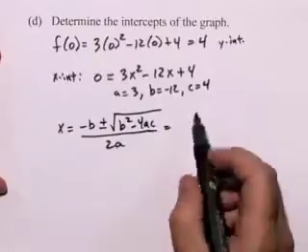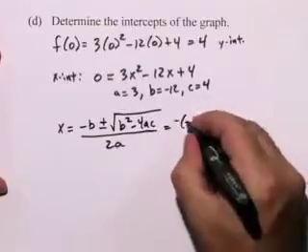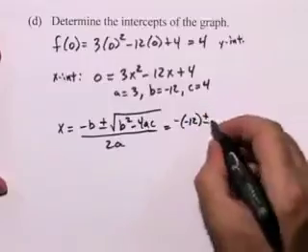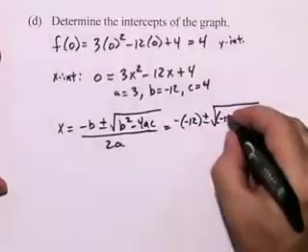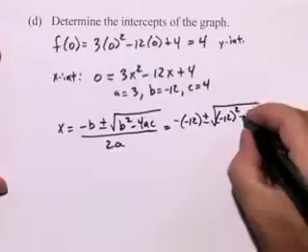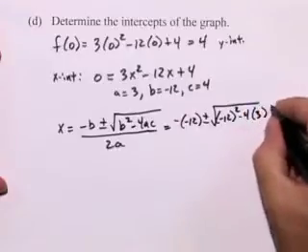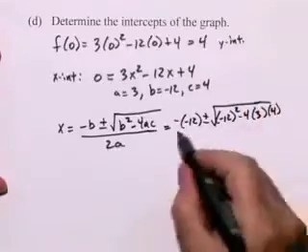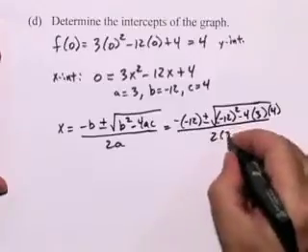We put in our values for a, b, and c. We'll have negative 12 plus or minus the square root of negative 12 squared minus 4 times 3 times 4, all over 2 times 3.